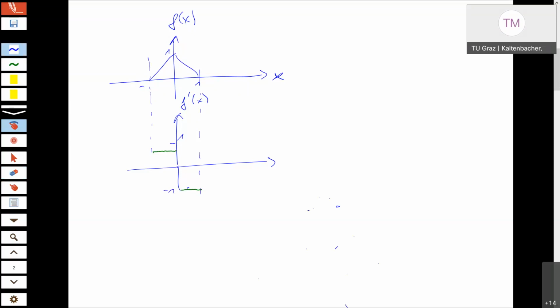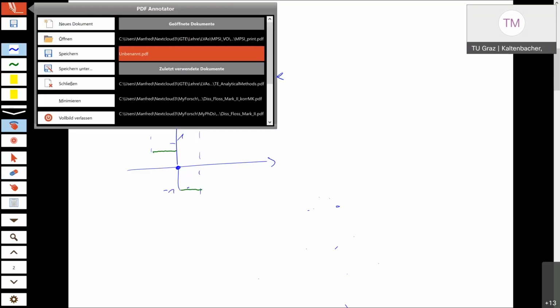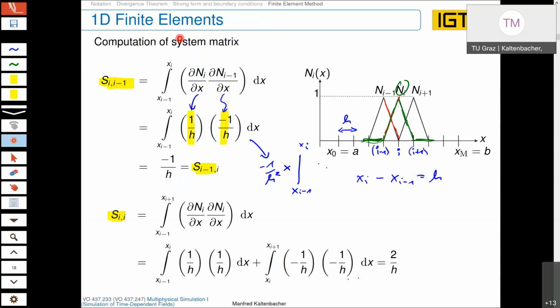But what about the value at x equals 0? In the strong sense, as you have learned in mathematics or any other course, it is not differentiable. But it is differentiable in the weak sense, because we have in addition that this differentiation is within the integral.